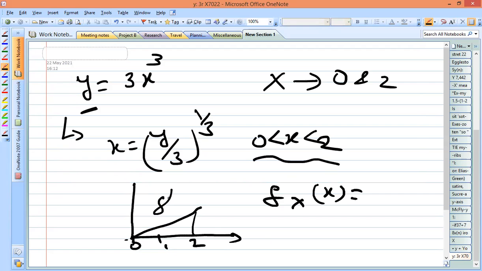What is the slope value here? Slope is how much? It is distributed from 0 to 2. So what is the slope value?